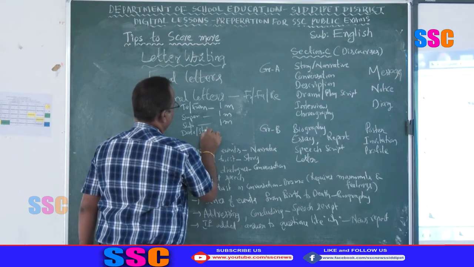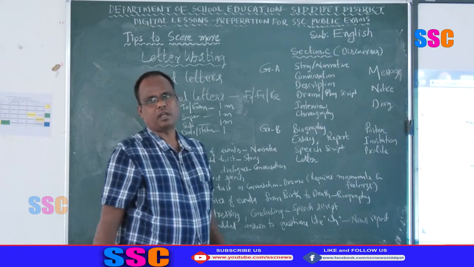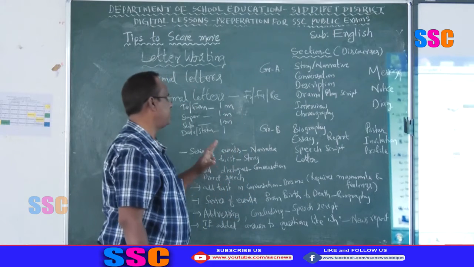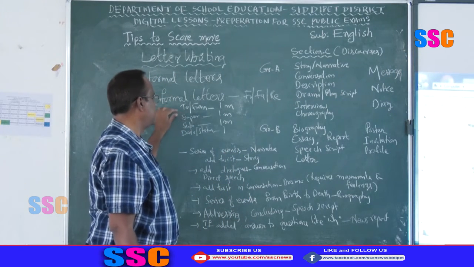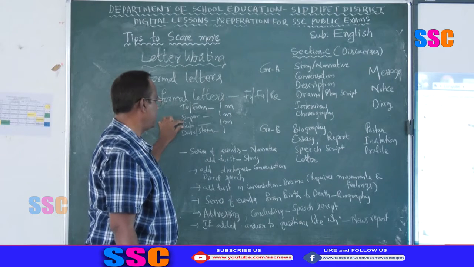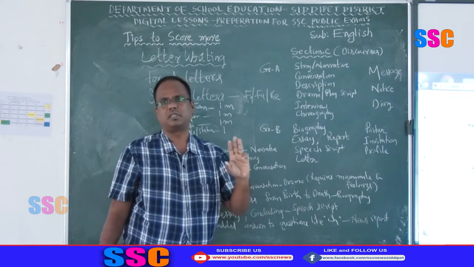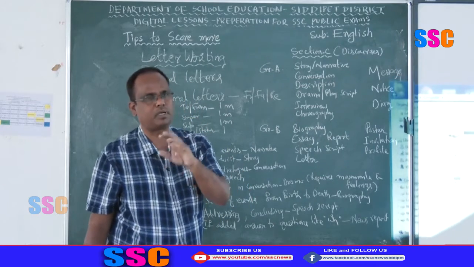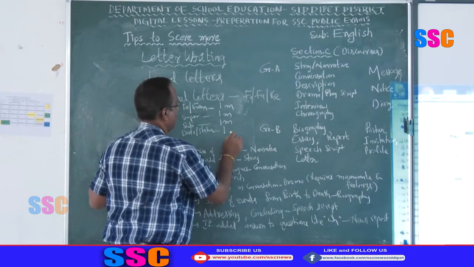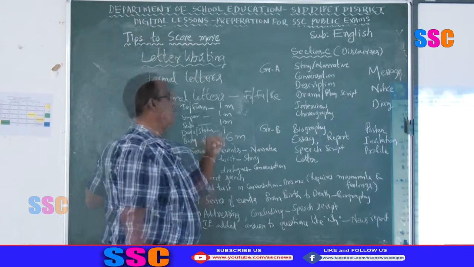If date and station is there, it carries 1 mark. So put together, these 4 components, that is to and from addresses, superscription, subscription, date and station, carry 4 marks, and the rest of the 6 marks are awarded to the body of the letter.